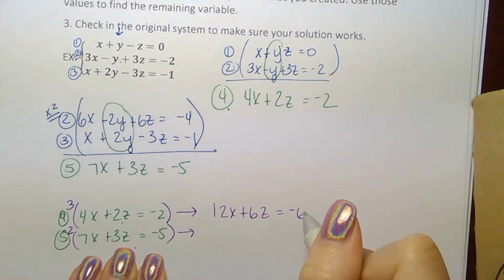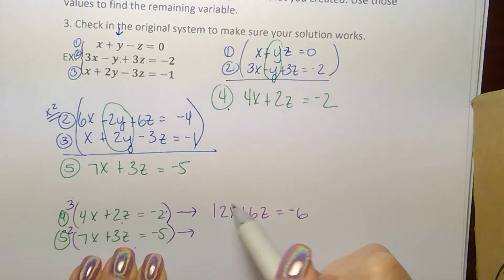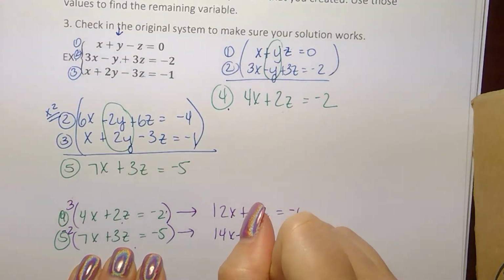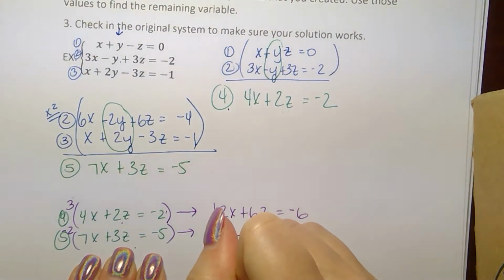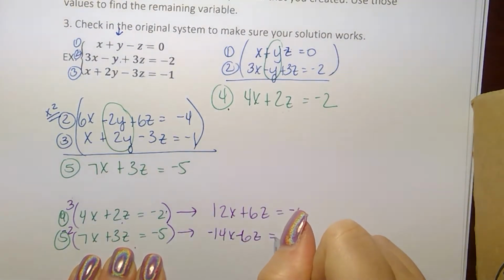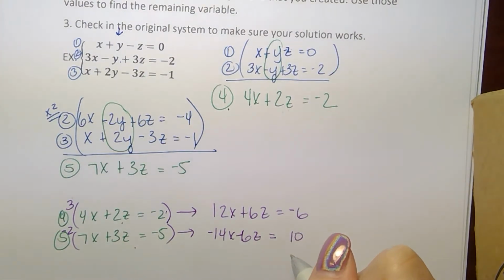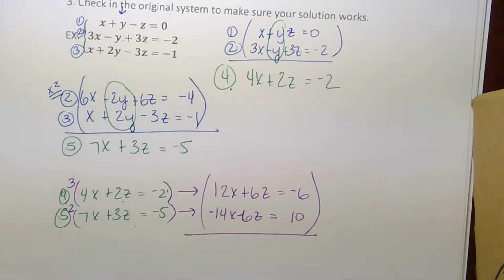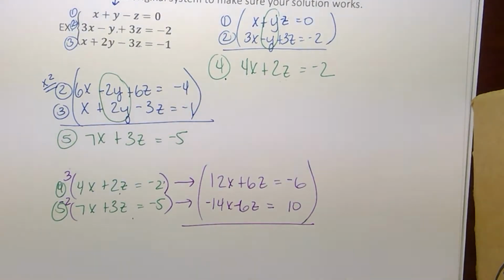Make sure you multiply that coefficient to the constant as well. All right, I've created an equivalent system. I'm going to add them together.